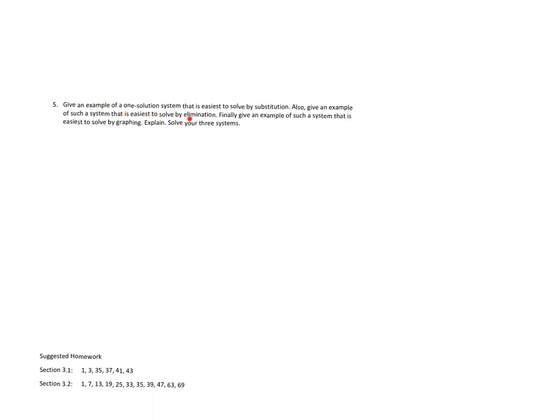Easier to solve by elimination is if we have everything lined up, maybe the coefficients aren't equal to 1, so it's easier just to do our elimination method. And maybe it'll be easier to graph if everything is in y equals mx plus b form. Something like that. So these answers are going to vary. Try to verbalize what we were just discussing.